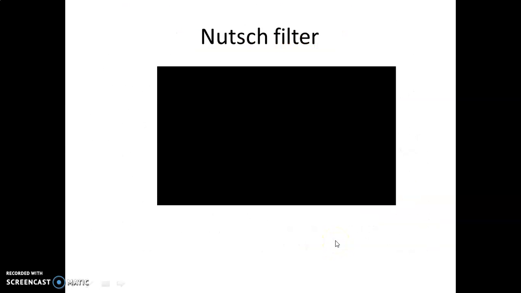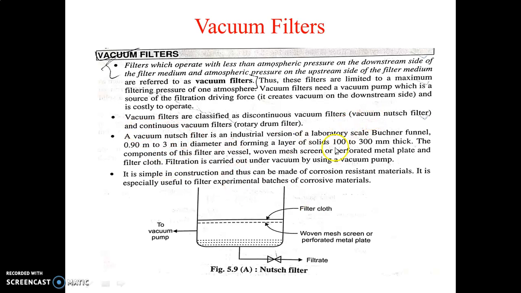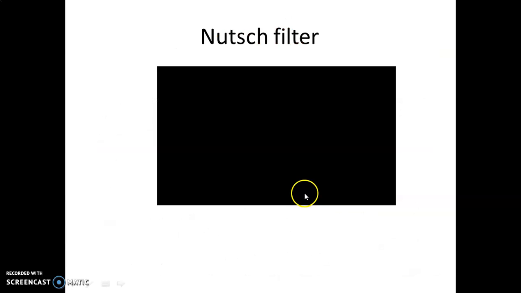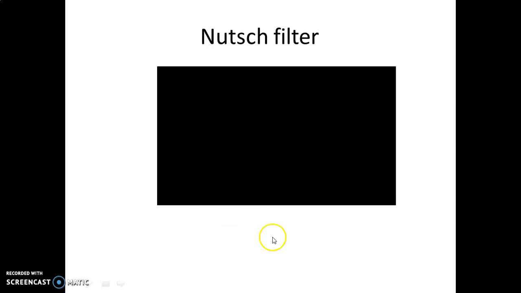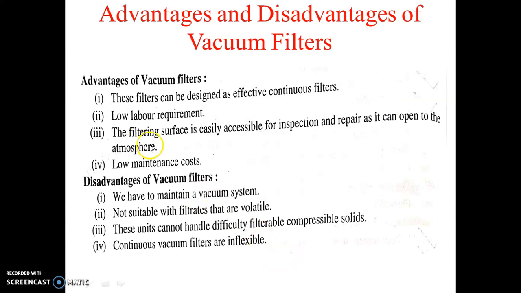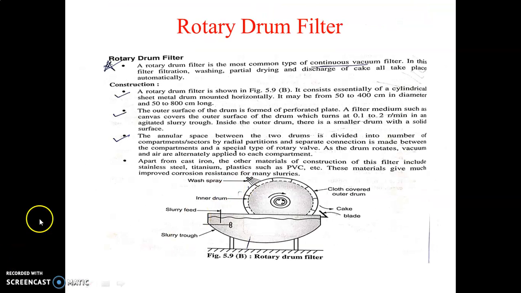In today's lecture we discussed the nutsche filter, then we saw the animation or video of that nutsche filter and how the working takes place, and then we discussed advantages and disadvantages of vacuum filters, and then the rotary drum filter construction. The remaining part we will discuss in the next lecture. Thanks.